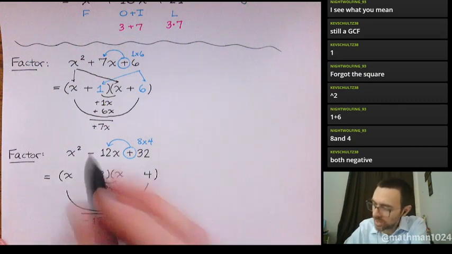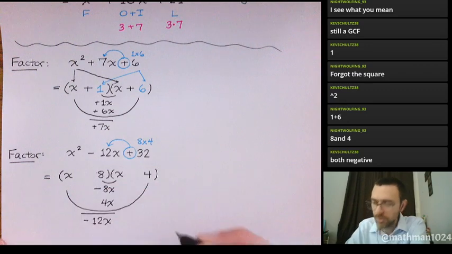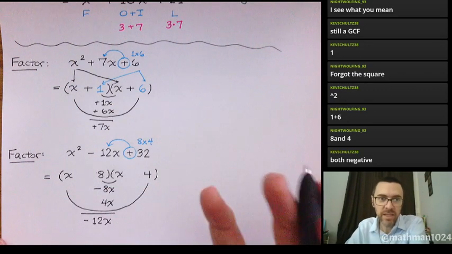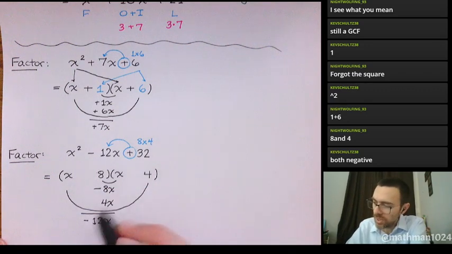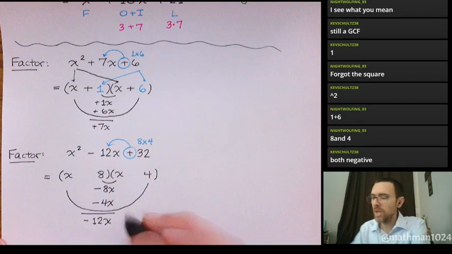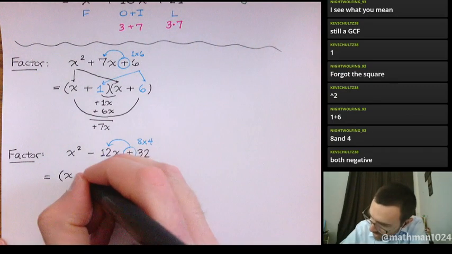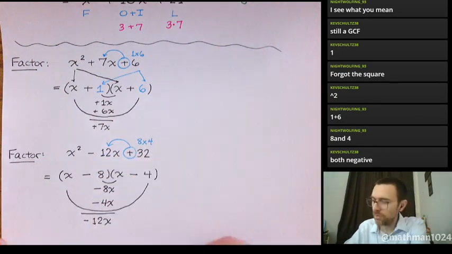I just got done saying that whatever the sign is here of the middle needs to be the sign of the larger term right here, so it's going to have to be a negative 8. And in order for us to get a negative 12, this other guy must also be negative. And you'll see that when we put it all together, it all makes sense. Everything checks out. So that means that's going to be a negative 8 and a negative 4.